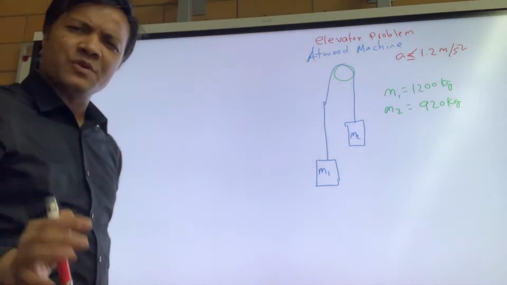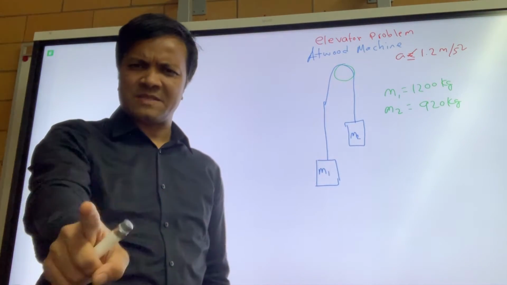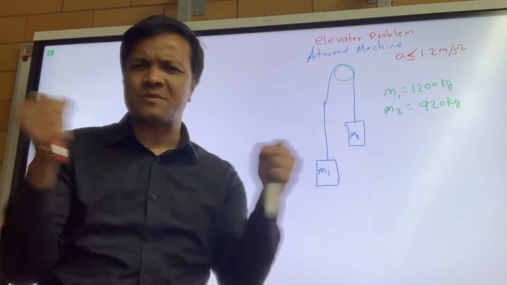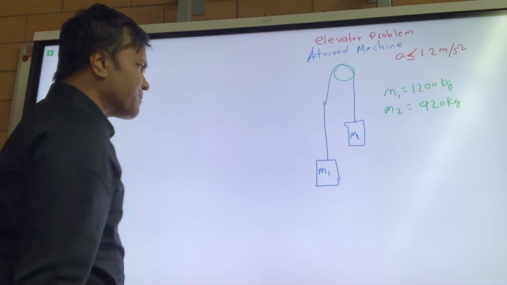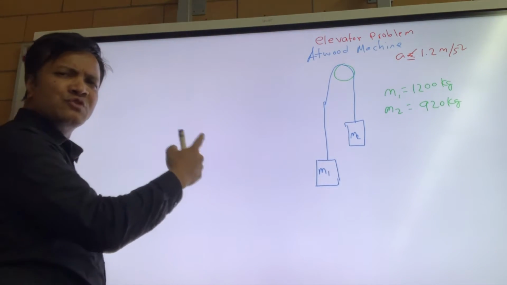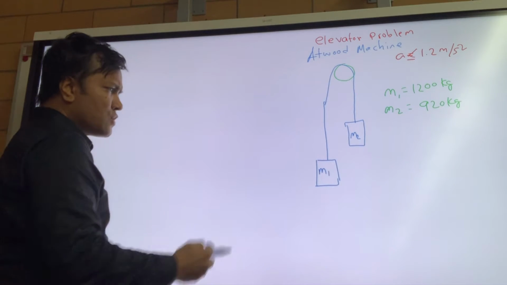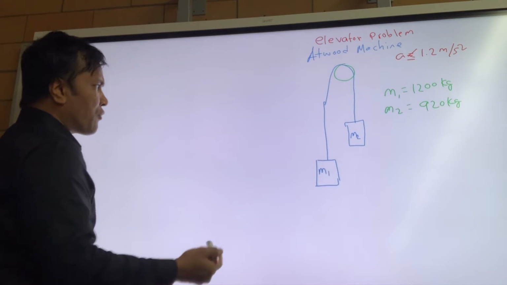Just to remind you, we're going to solve this problem using C++ at the end. First we're going to use the physics. So first we're going to draw a force diagram right here.